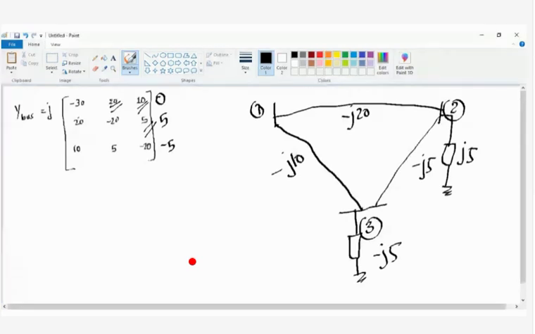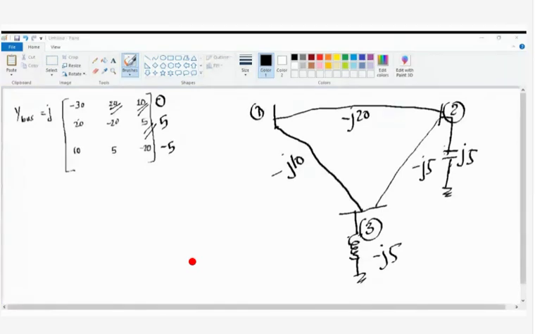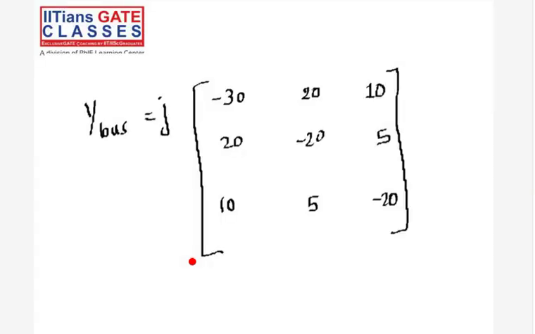Node number 2 is an inductor, and this is a capacitor. Right? Good. I hope that makes sense.